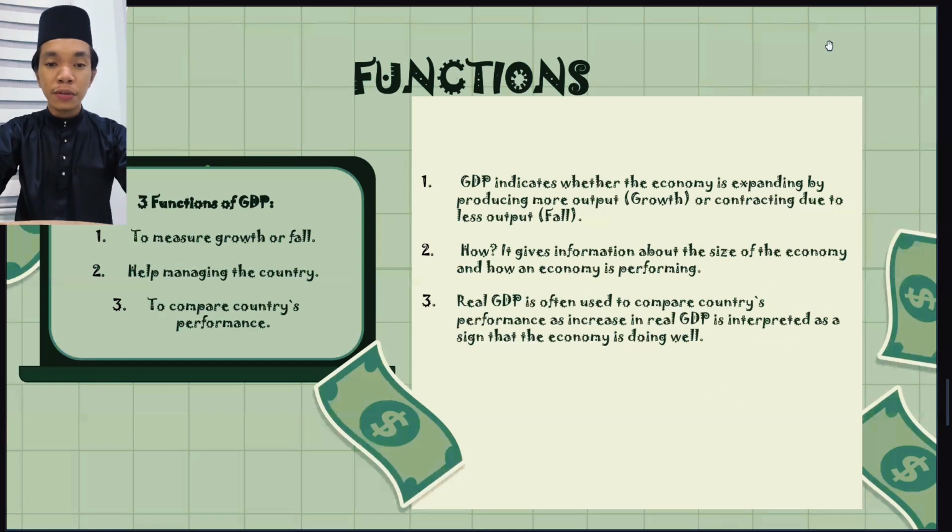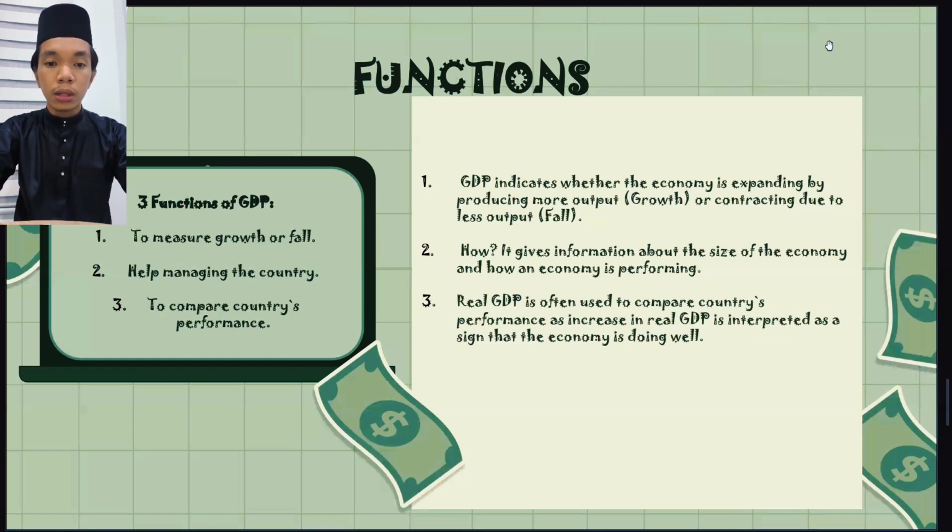And now moving on to the evaluation part. So what does it mean by a high GDP and a low GDP? People actually always misunderstand that high GDP means better living standards and low GDP means low living standards. Actually, this is not the case, because using GDP alone is too narrow an indicator of economic development.